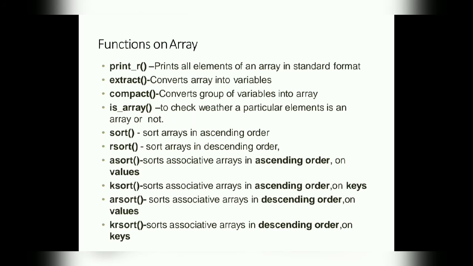The fourth is is_array. To check whether a particular element is an array or not, you will use the is_array function. This function returns boolean value 1 if the variable is an array, else it will return 0 or false. So how will it check? It checks whether a particular variable holds an array.